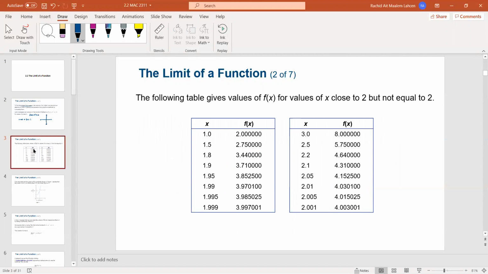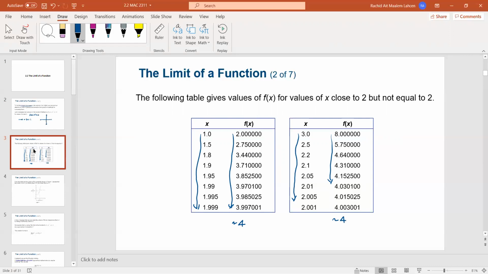So if x approaches 2 this way, you see that the values of f of x go near 4. And if x decreases from 3 to 2, and you use these values, they also go near 4.